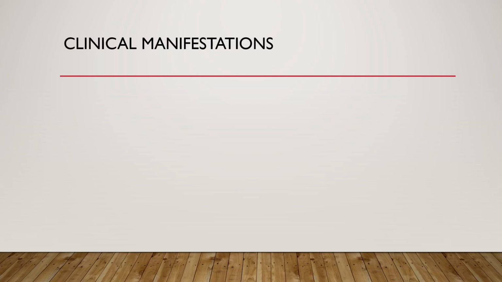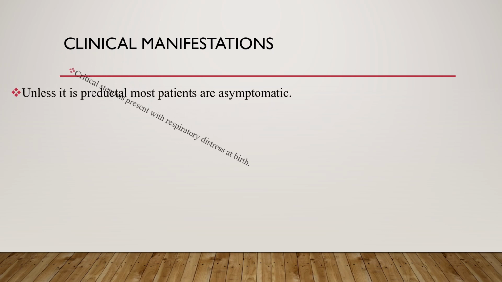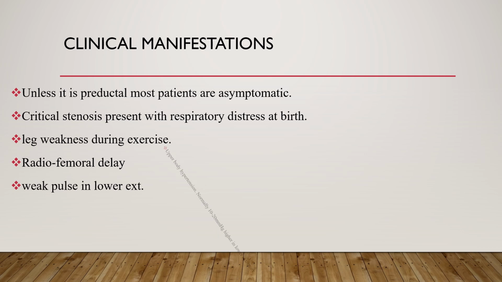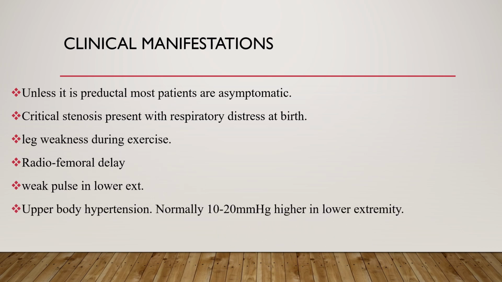When we look at the clinical manifestation of a child with coarctation of the aorta, unless it is preductal, most patients are asymptomatic. Critical stenosis might present with respiratory distress at birth, but it's relatively rare. The rest present later in life with leg weakness during exercise, radiofemoral delay, weak pulses in the lower extremity, and upper body hypertension can develop.